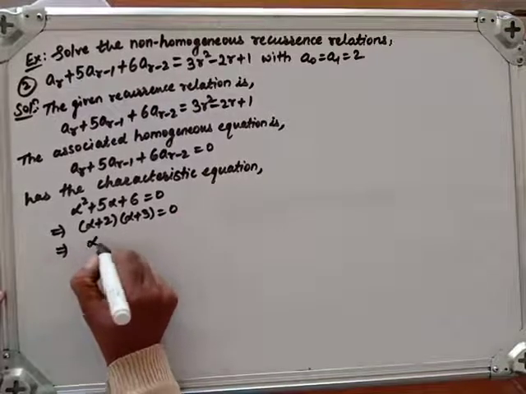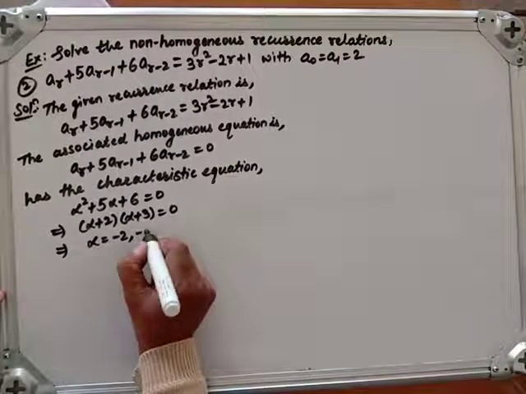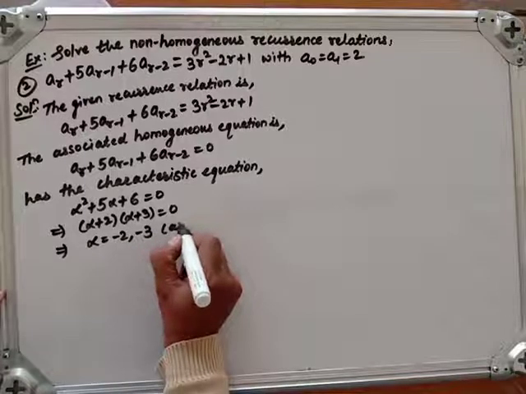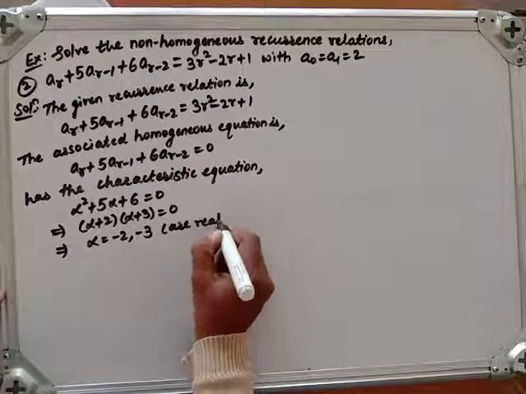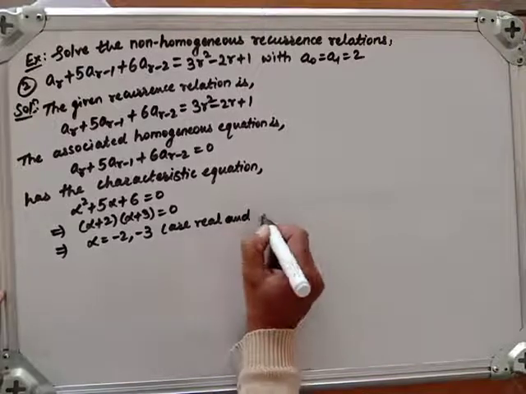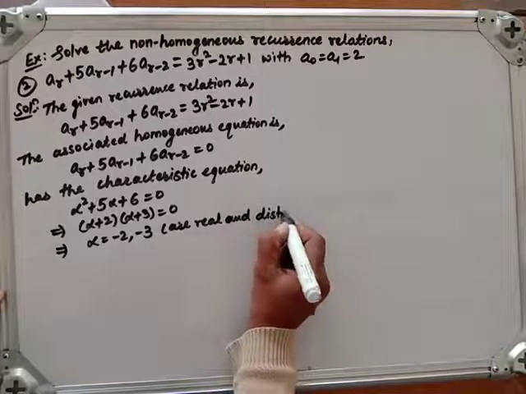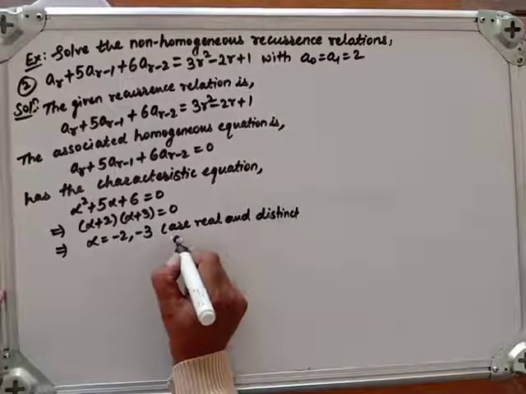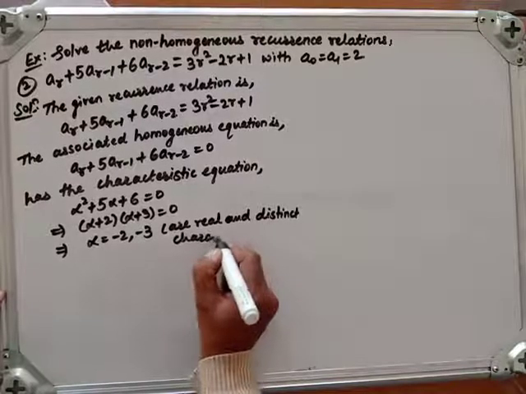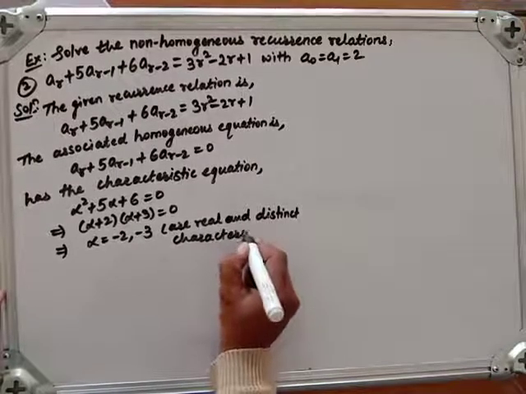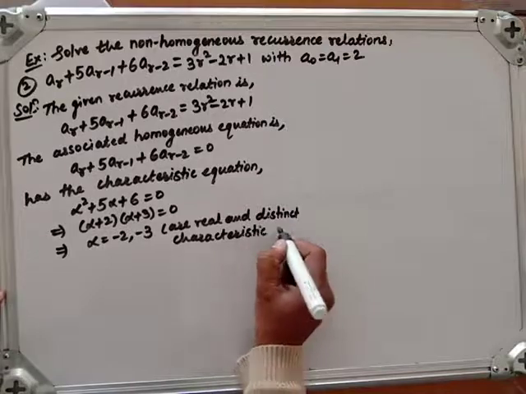So alpha is equal to minus 2 and minus 3, real and distinct characteristic roots.